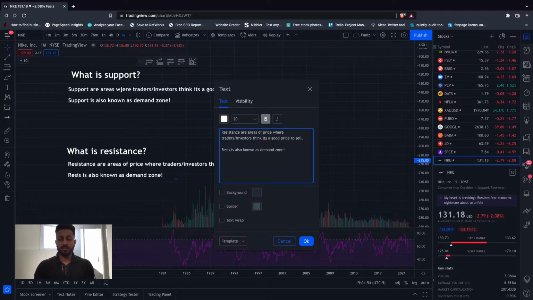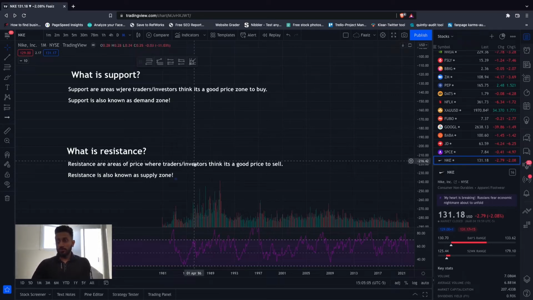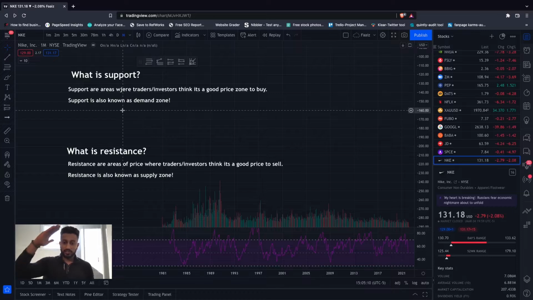Resistance is also known as supply zone. Why? Because in those zones, supply is higher than demand. Now, based on this definition, we know that at support zones, price tends to bounce, and at resistance zones, price tends to bounce down, right?